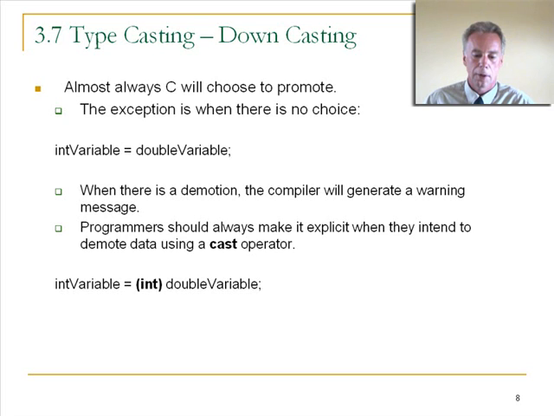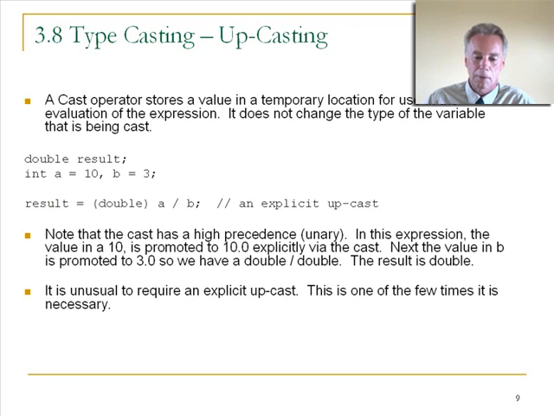So int variable gets int double variable. The first thing that happens is we take the double variable and we extract the integer part of it, the part before the decimal. And that means that that int value is what will get assigned to the int variable. That's what would have happened anyway, except the compiler knows now that that's what you meant to do, and you accept as the programmer that some information may be lost during the execution of that statement.